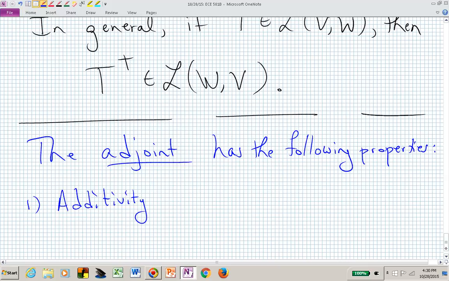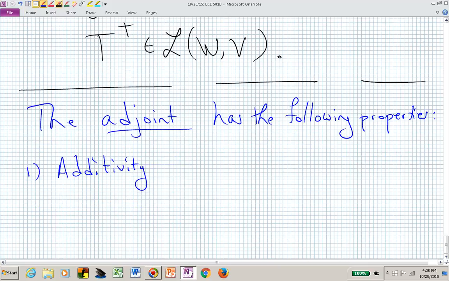One is additivity. If I had two linear maps S and T, and I added those and then took the adjoint, that's equivalent to taking the sum of the adjoint of S and the adjoint of T individually.